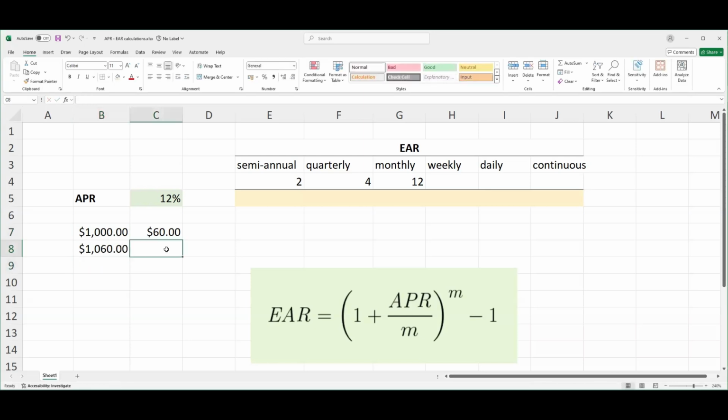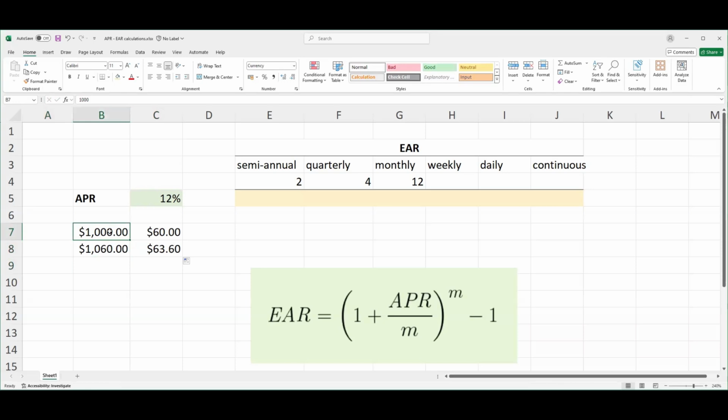And at the end of the year, you will again earn another 6% interest rate. So we can move this down over here. This time you will be earning $63.60.